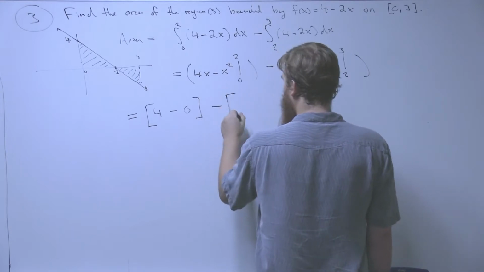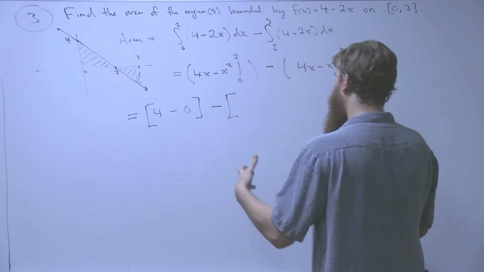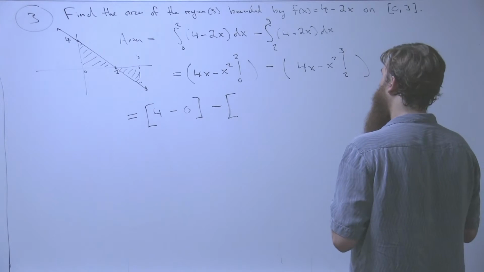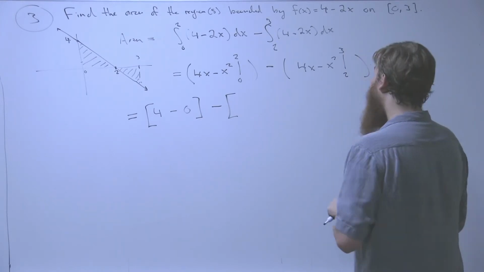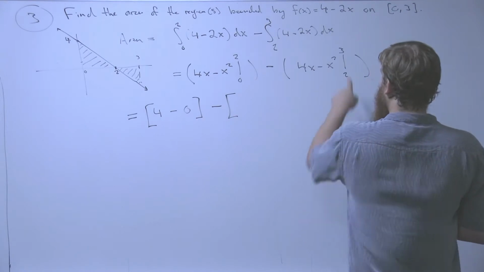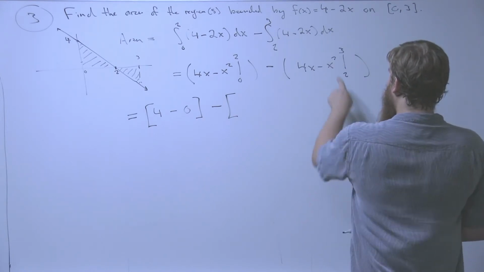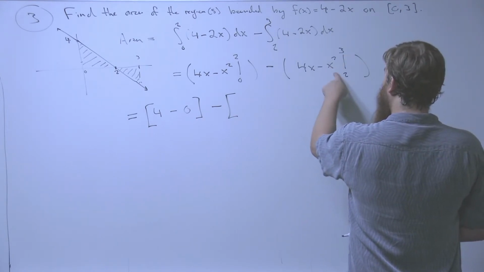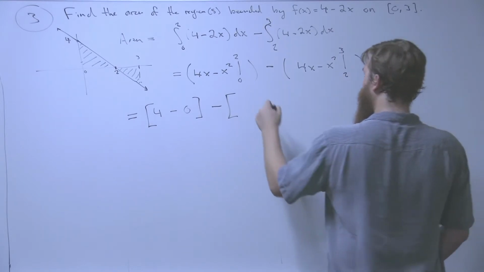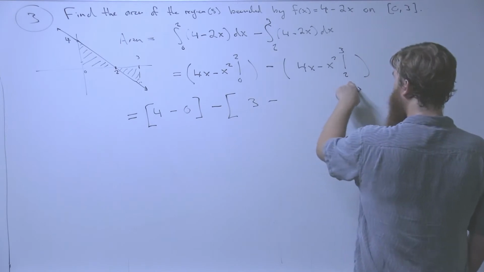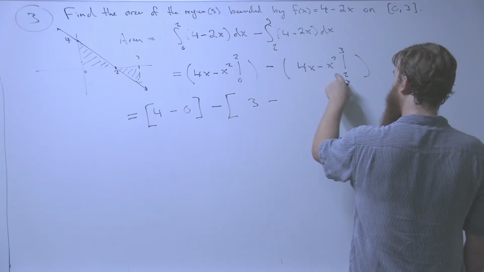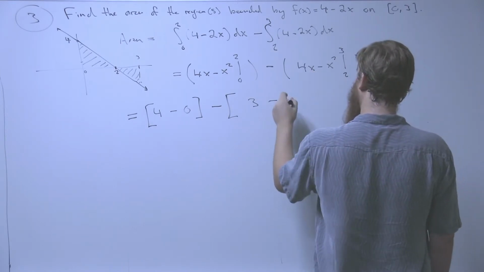Minus. Always use parentheses. When you're not sure, if you stack these parentheses, you'll be less likely to jumble up a negative sign. Just be careful and use them everywhere you think you should. So now here we need to evaluate this guy at 3. If I plug 3 in here, I get 12 minus 9, which is 3. Minus, if I plug the 2 in here, I get 8 minus 4, which is 4.